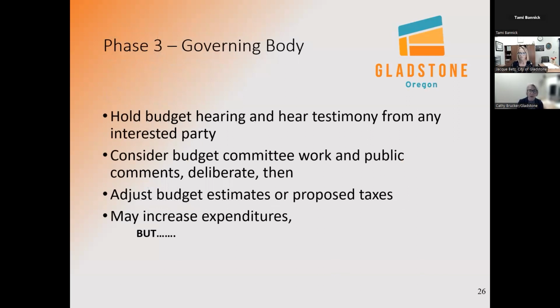The governing body will hold the budget hearing and hear testimony from any interested party, consider budget committee work and public comments, deliberate, then adjust budget estimates or proposed taxes, and may increase expenditures.